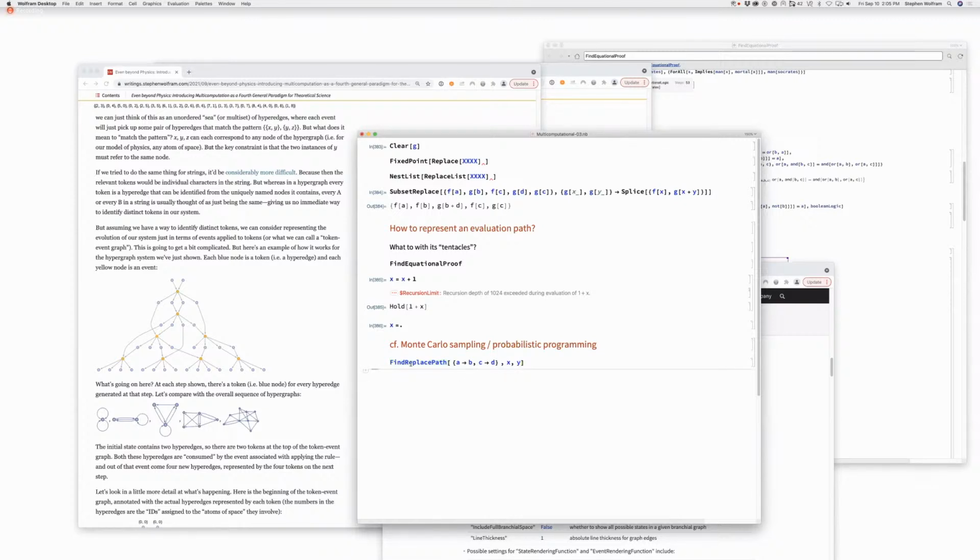And if so, either just answer the question, is there a path, or show me the path. Does that make sense? That's sort of a basic logic programming operation.